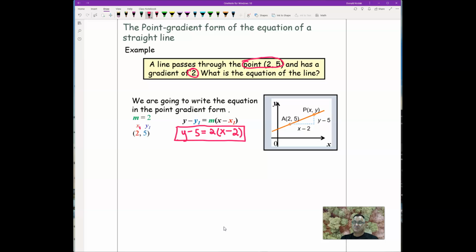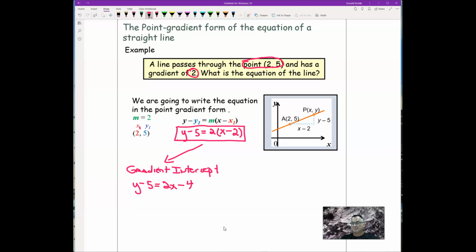Now you could take this and convert it into slope intercept or gradient intercept. All I would do on that is distribute the 2 inside the parentheses, move the 5 over, and now it's in slope intercept form, or gradient intercept.